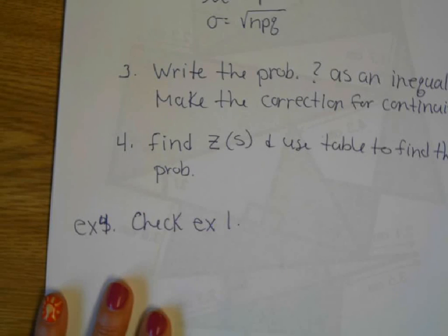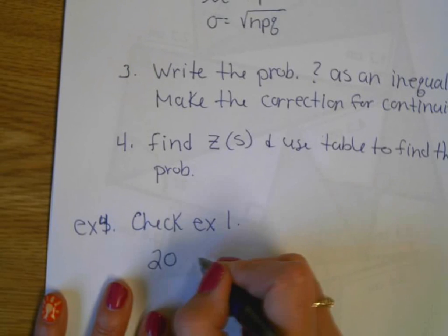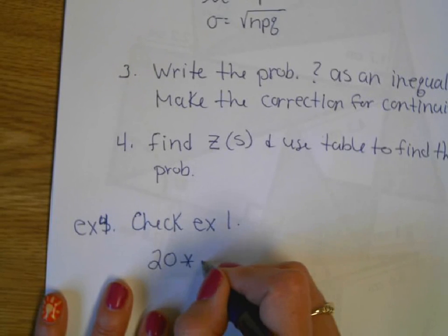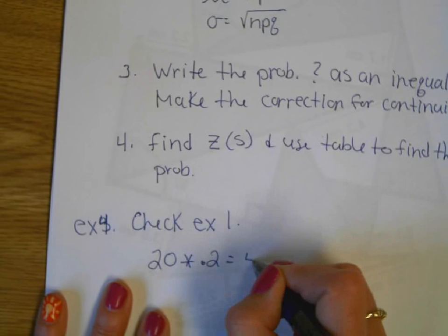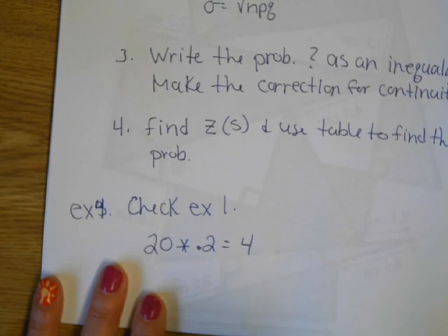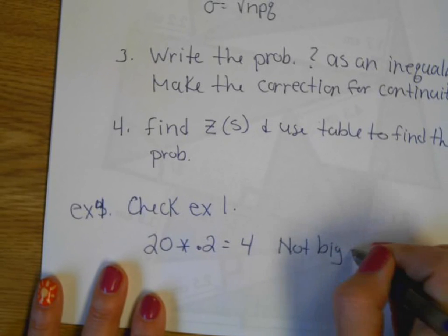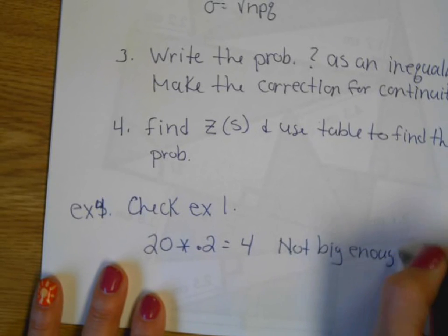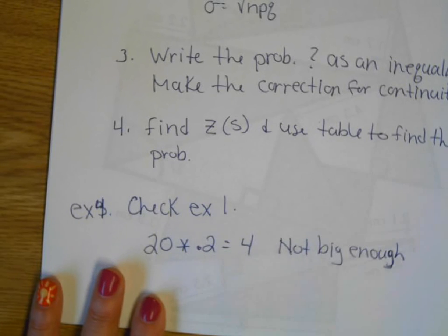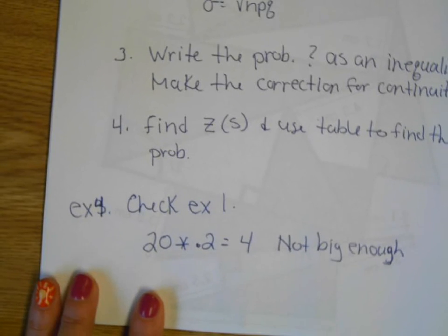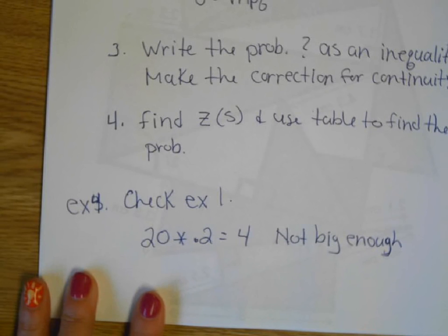If it is, we're going to continue on, but Sam already said no. So n was 20, the p was 0.2. That came out to 4. The sample's not big enough, so the normal will not be a good approximation for that probability that we got.